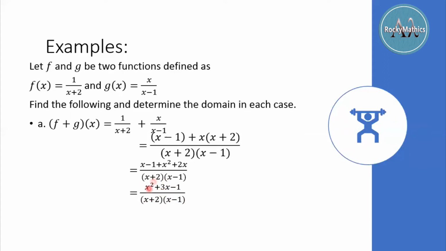So in this case, the domain of this function is all real numbers except those values that can make the denominator 0. Now what are those values? To know the values that can make the denominator 0, we should equate this to 0, then solve for x. If we solve, x equal to negative 2 and x equal to 1 make the denominator 0, right?